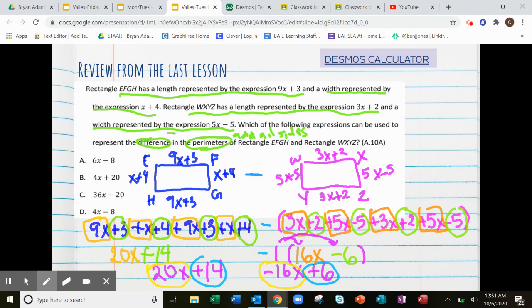In the yellow, 20 minus 16 equals 4. Because they both have an x, I'm going to put an x. And then 14 plus 6 is 20. And so we got our answer there.